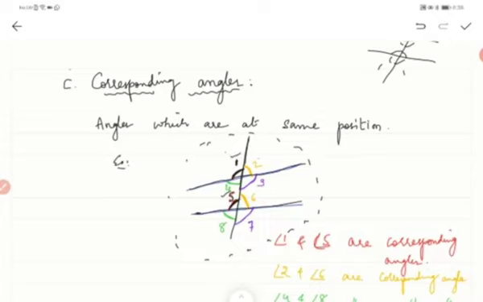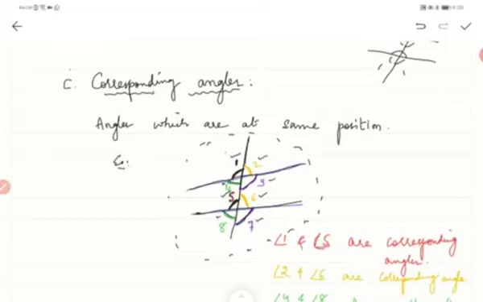Now next, let's see for 2, what is the same angle for 2? It is 6. See 3, which is coming down with this line, so 7 is coming in the same position, isn't it? So 4 is also coming on the left side down, so 8 is also coming on the left side down. So 4 and 8, 3 and 7, 1 and 5, 2 and 6 form corresponding angles.